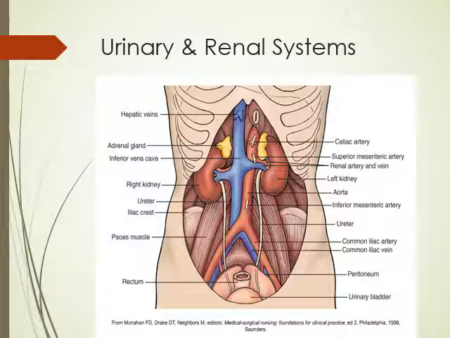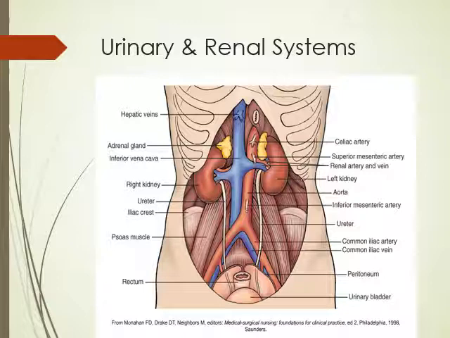Also on top of each kidney, you're going to note that there is the adrenal gland, which we'll address when we go over endocrine. Notice the inferior vena cava and where it goes into the kidneys and where it continues on down. Note the aorta and where it goes into the kidneys and where it continues down.